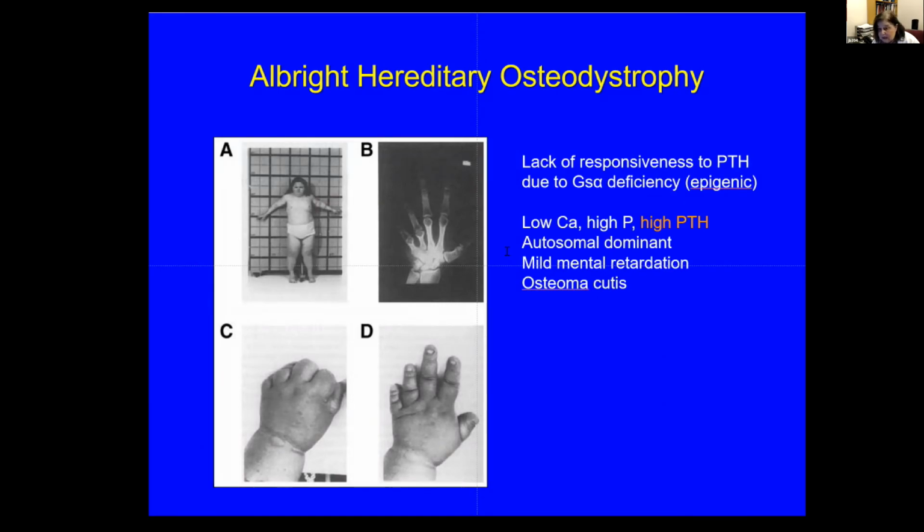So they sometimes come with mental retardation, and the patient that I recognize that has this is the osteomas. It's like in the scalp, two bony horns come out under the skin. That's very characteristic.